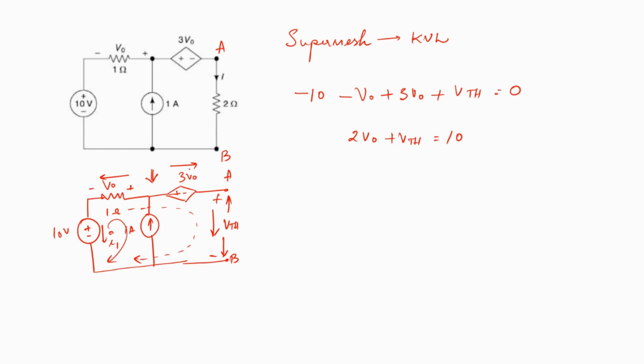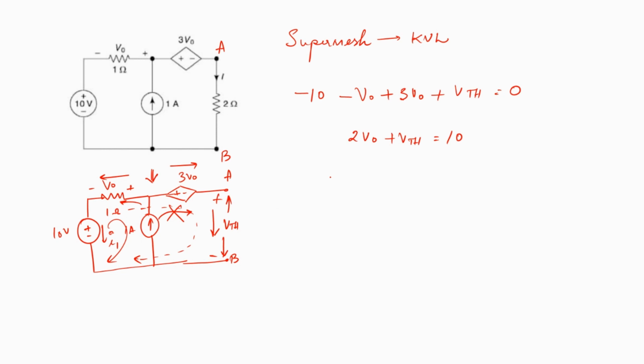Now, if we look at this circuit closely, since this part is open circuited, the current that comes out from this 1 amp current source cannot flow in this direction because it is open circuited. There is no complete path available for the current to flow there. So the entire 1 amp will flow into this 1 ohm resistance.